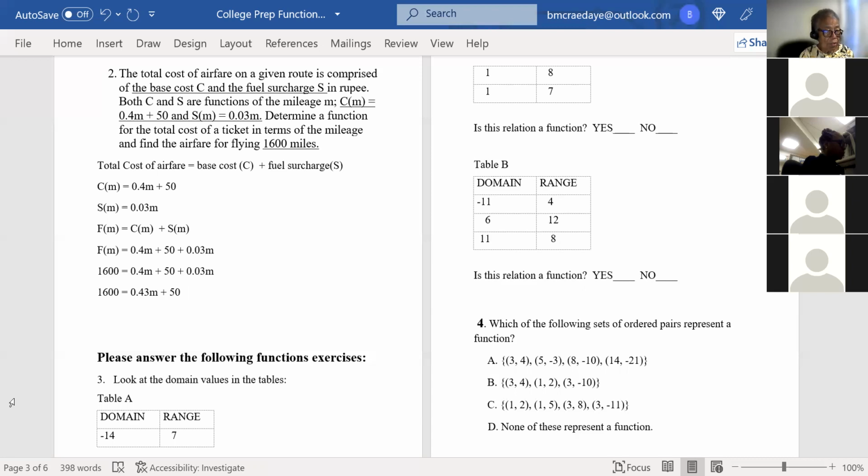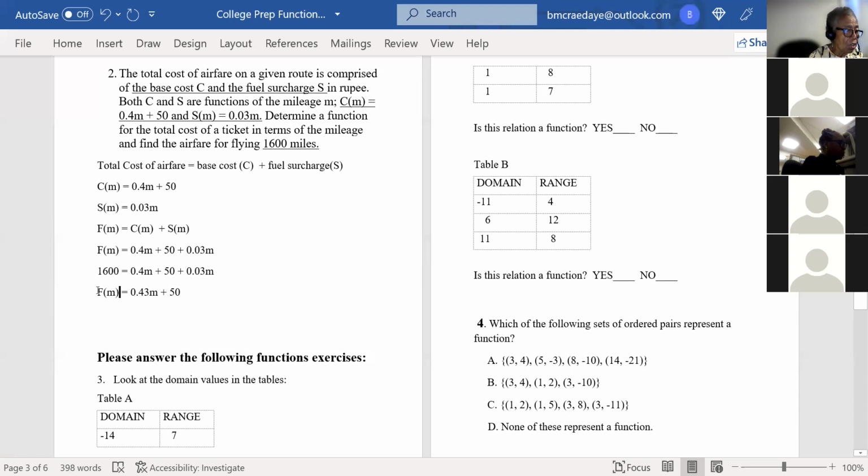What would I do next? Find the total cost. Well, wait, I'm sorry. Okay, this is 0.43 M. That's not... This is actually total cost.